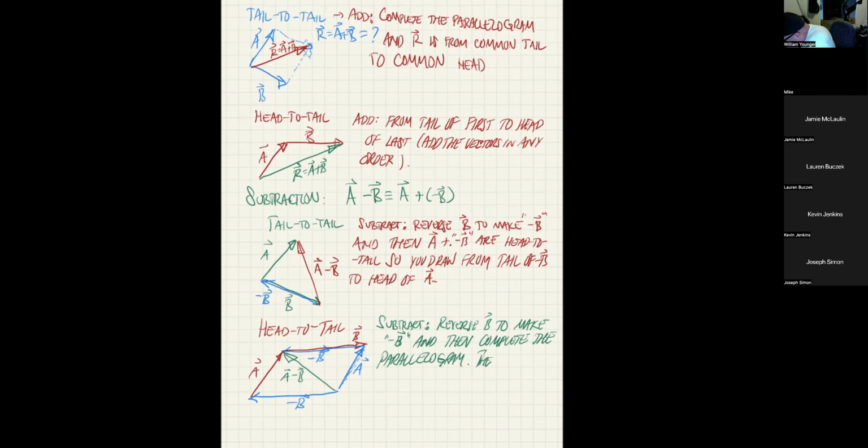There, well, that looks horrible. There will be a, comma, negative B configuration in head to tail form. So A minus B goes from tail to head. That makes sense?